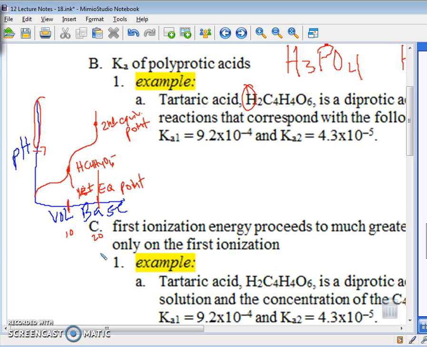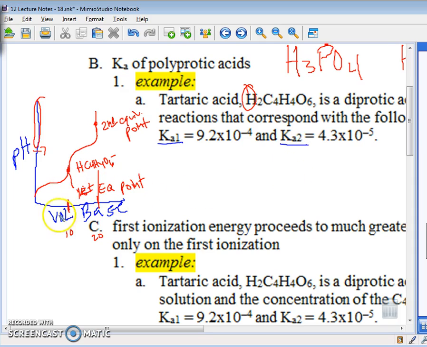Okay, so where is the half equivalence point? Here's the problem, and this is what the lab is going to be all about. There's 2 Ka values. So we're going to see 1 for the first proton that's removed, and 1 for the second.